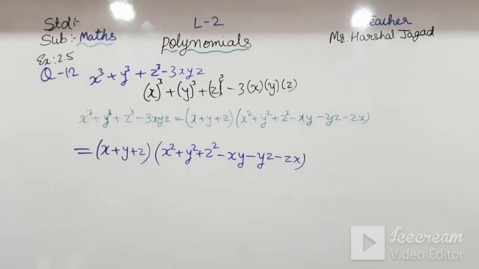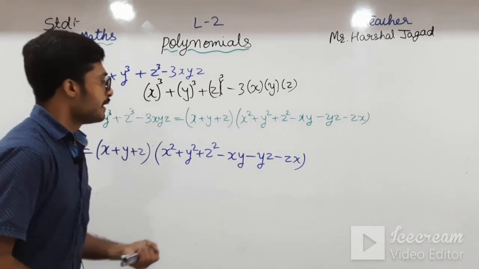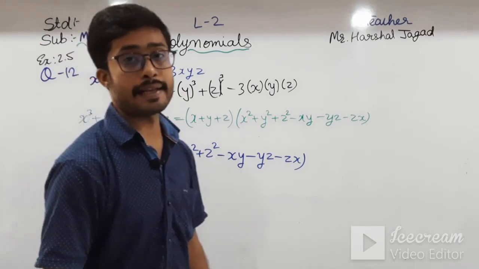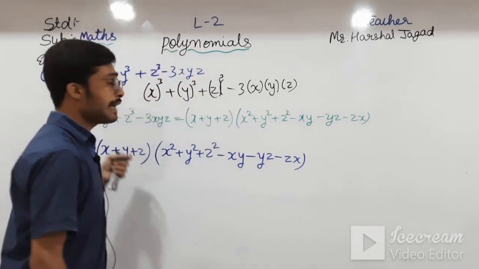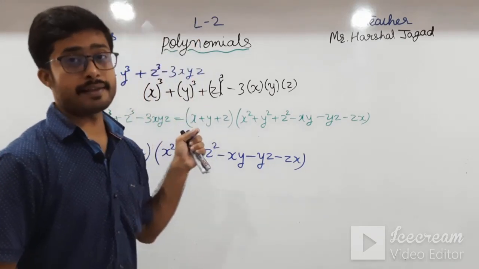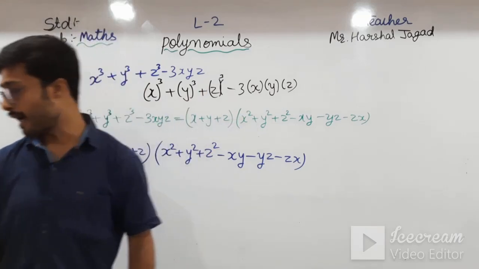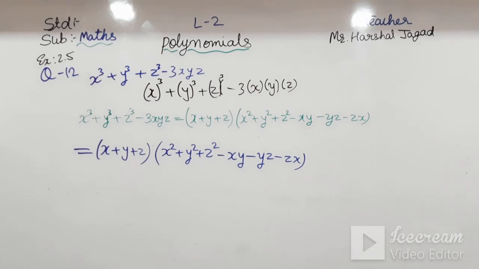So students, this way we get the answer. Now we have to check the RHS. Just we have checked the LHS, left hand side. Now we will solve the RHS. You have to solve the RHS. Let us solve that.